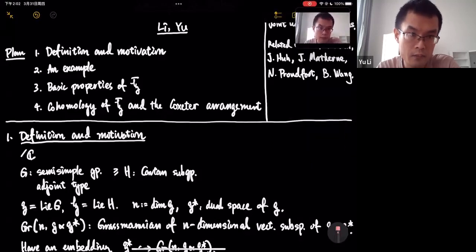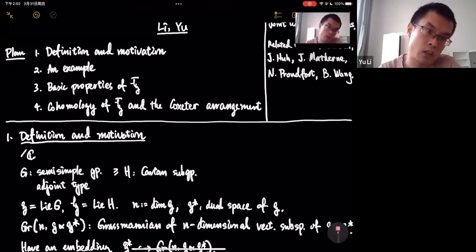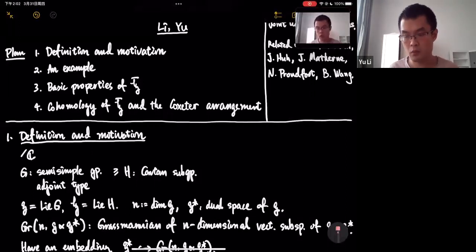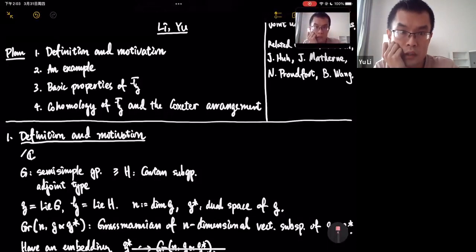And then in the last section, I'll focus on the cohomological properties of H bar. I'll compute the Betti numbers and also explain the multiplicative structure of the cohomology ring. And if time permits, I'll maybe also discuss the representation of the Weyl group on the cohomology and some related problems.